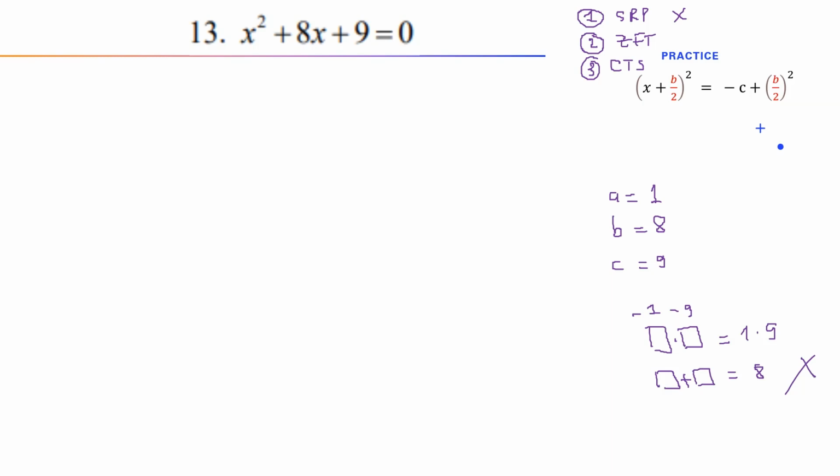For completing the square, I will rewrite it one more time. x squared plus 2 times x times 4. 2 times x times 4 is 8x, right? To make it a complete square, I have to have the 4 squared here.